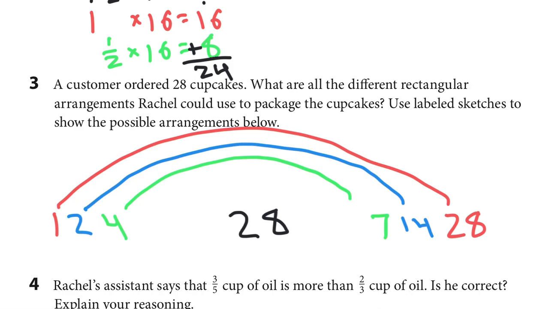So those are the factors of 28, the factor pairs. Okay, because 1 times 28 is 28. 2 times 14 is 28. 4 times 7 is 28. Groovy? Now, how does that relate to the rectangular arrangements of the cupcakes?